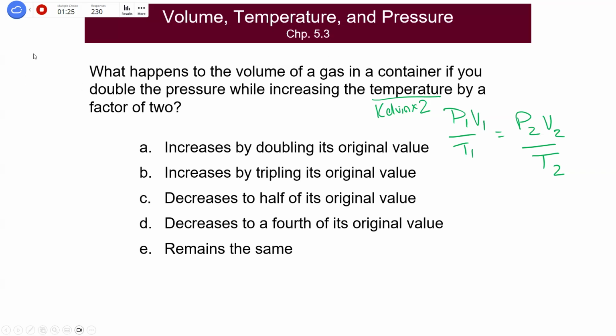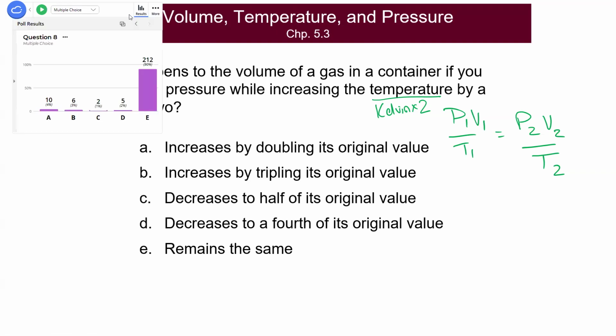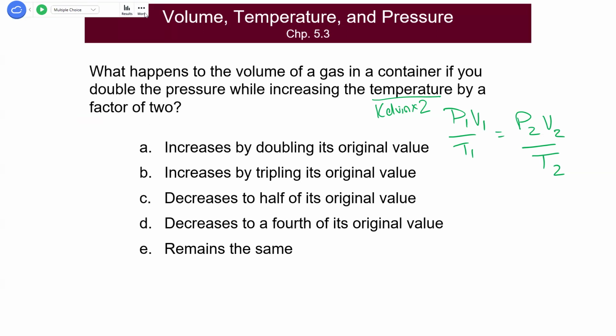Okay, we will stop here. Awesome job, guys. So the volume will remain the same. If we look at pressure 1 and pressure 2, we're doubling pressure, so pressure 2 will be twice as much as pressure 1.